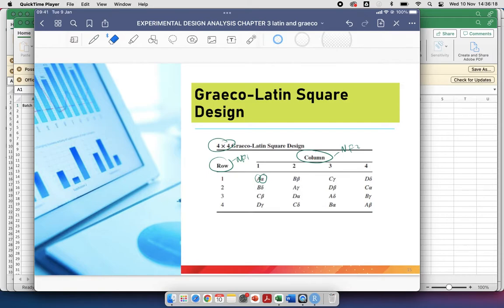Look at how it is arranged. Row 1, column 1: the first nuisance factor with the first column. Here treatment A is applied together with nuisance factor alpha, and they will get results here. It is the same here: apply treatment B, apply nuisance factor delta, and they will get the result here.